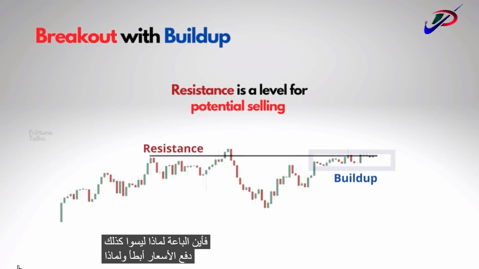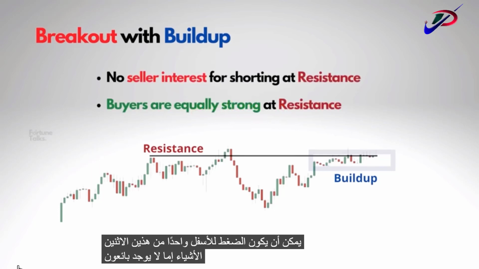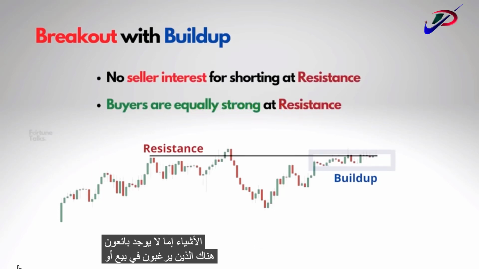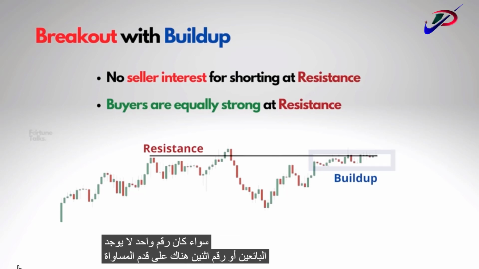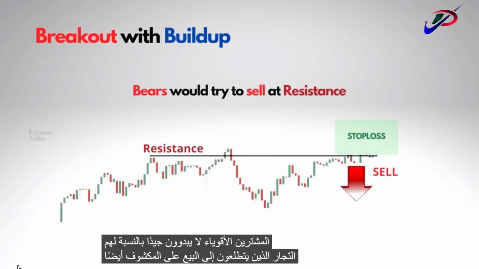And why is that? The reason why the sellers are not pushing down could be one of these two things. Either there are no sellers out there who are interested in selling, or there are equally strong buyers at the resistance. No matter what the scenario, whether it is number one, there are no sellers, or number two, there are equally strong buyers, it does not look good for traders who are looking to short either way.